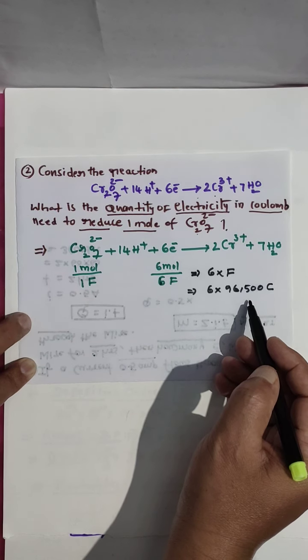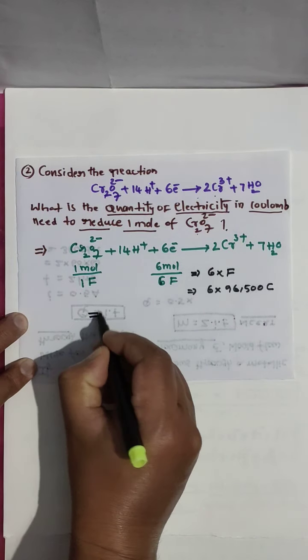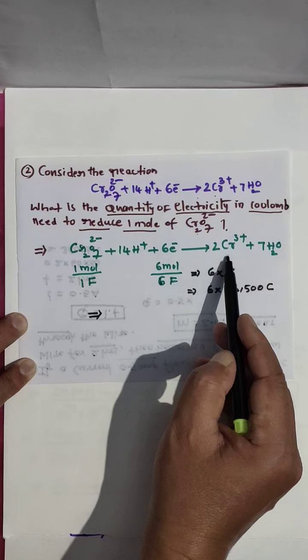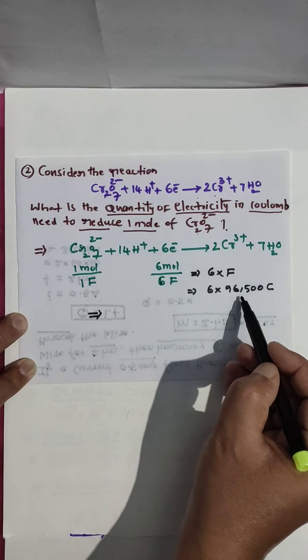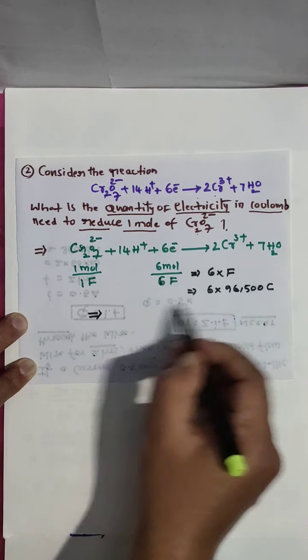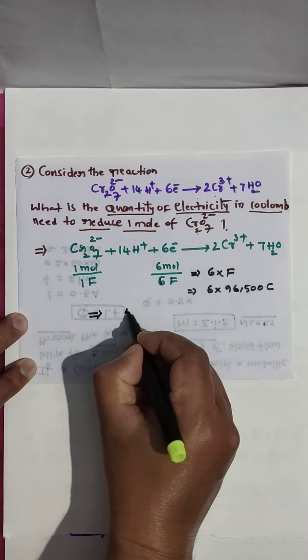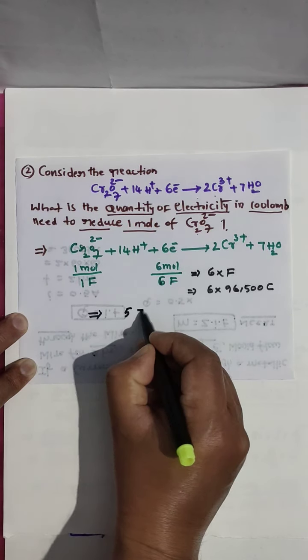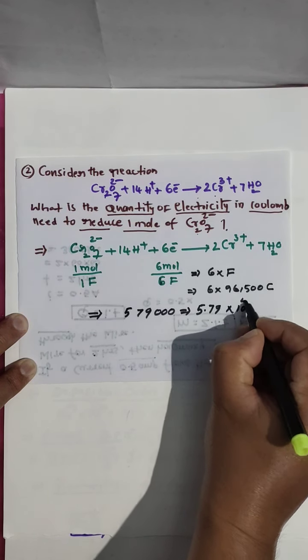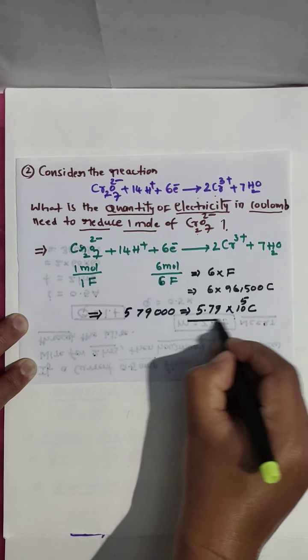That implies to reduce 1 mole Cr2O7 2- to Cr3+, we need 6 into 96,500 coulombs. If you multiply this, you get 579,000. You can write this as 5.79 into 10 to the power of 5 coulombs.